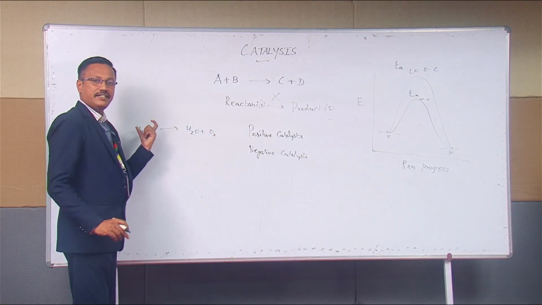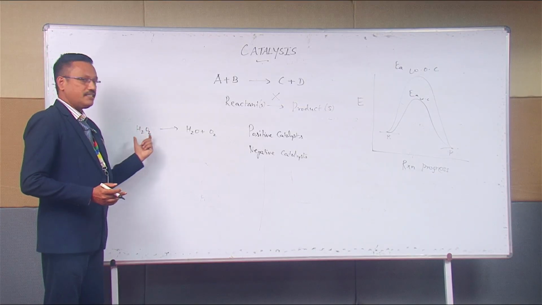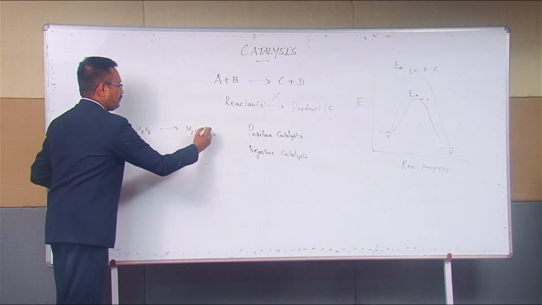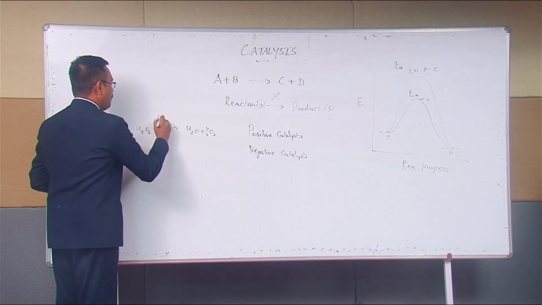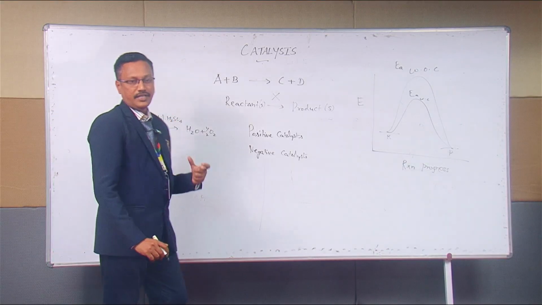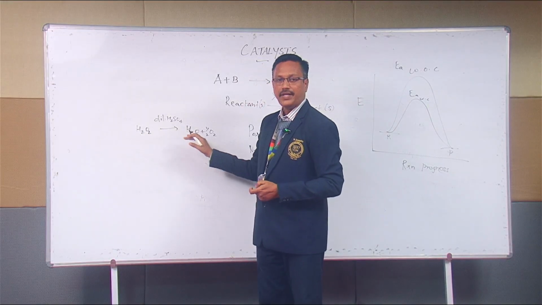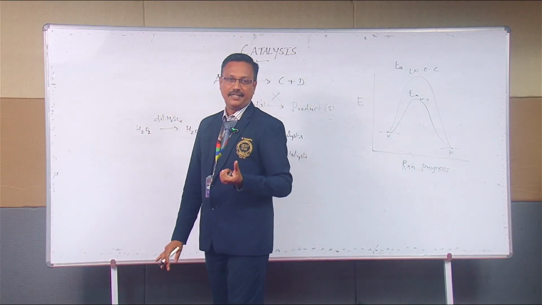The antiseptic and cleansing property of hydrogen peroxide will be lost. This is the decomposition reaction. To slow down the reaction, we can add a minimum amount of dilute sulfuric acid. The dilute sulfuric acid slows down the process of decomposition of hydrogen peroxide. Therefore, this can be known as a negative catalyst.